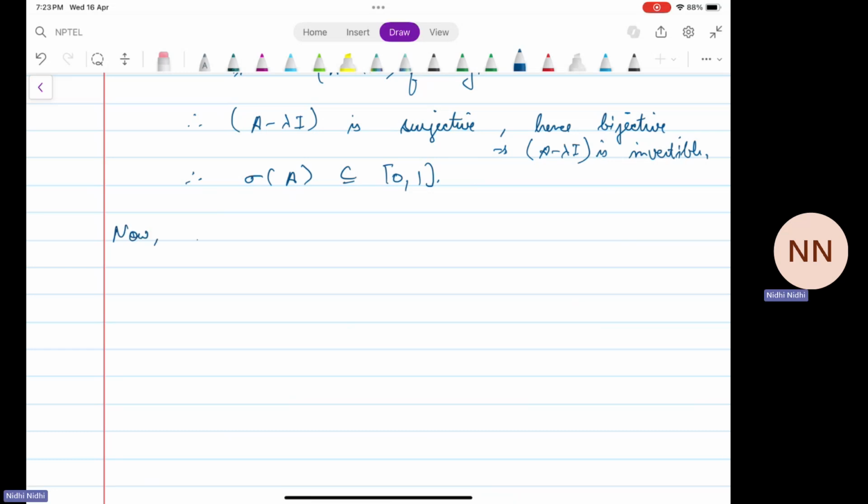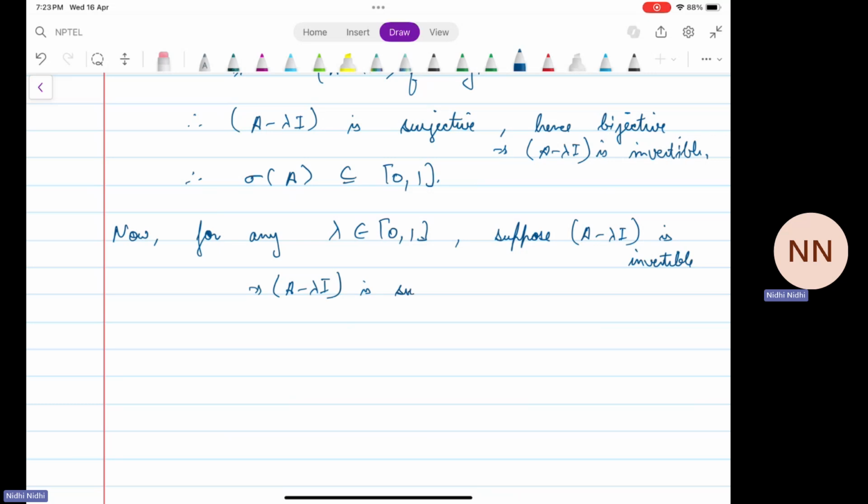Now, for any lambda belonging to closed interval 0 to 1, suppose A minus lambda I is invertible, implies A minus lambda I is surjective, implies for every g in V, there exists f in V such that (A minus lambda I) f is equal to g.